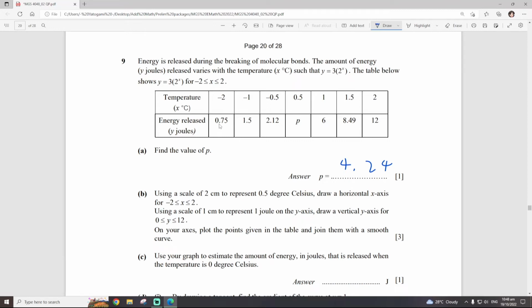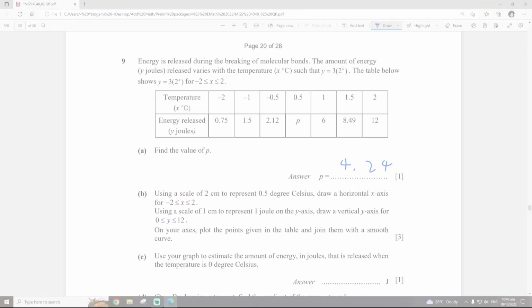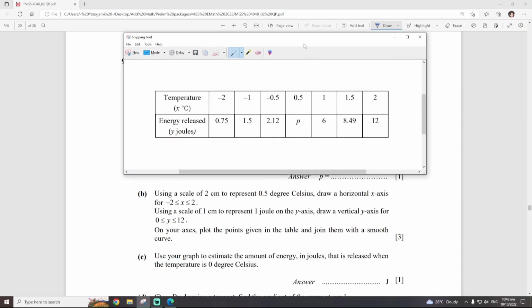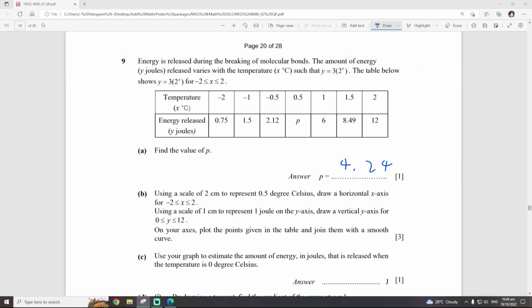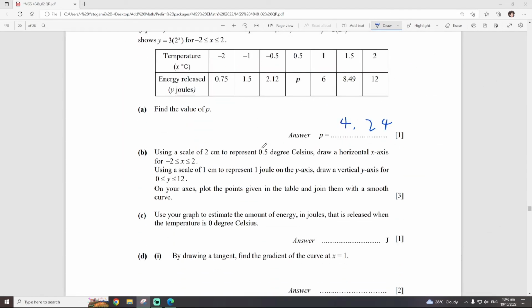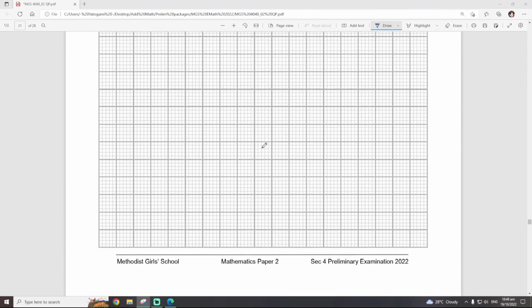Using a scale of 2 cm to represent 0.5 degrees Celsius, draw a horizontal x-axis. Okay, and then plot the points. So let me get that on the screen. Okay. So we have to draw the grid ourselves.